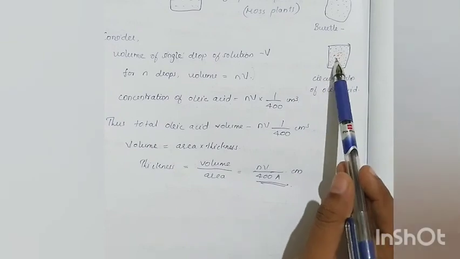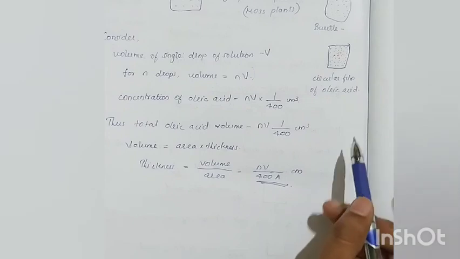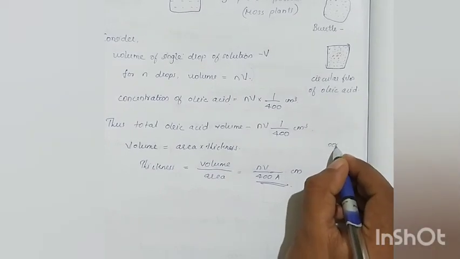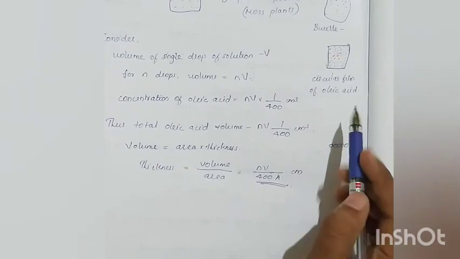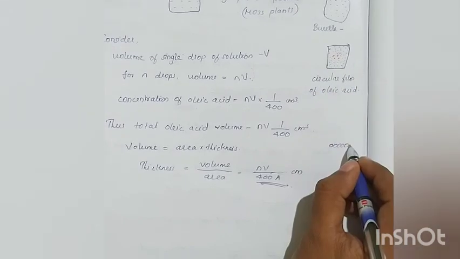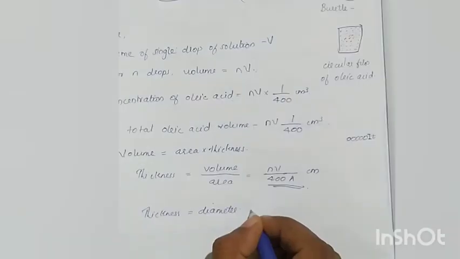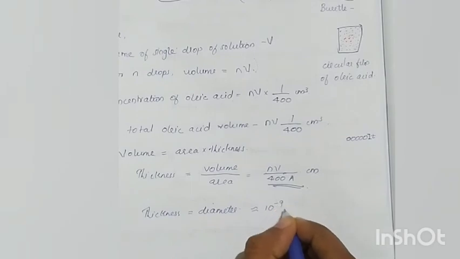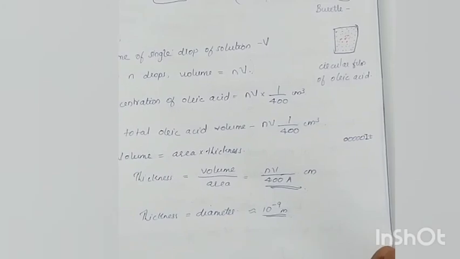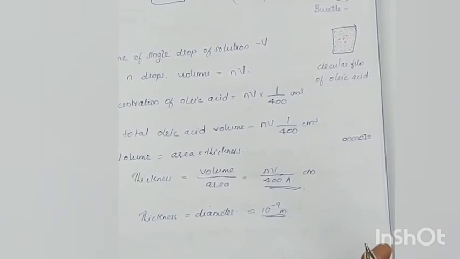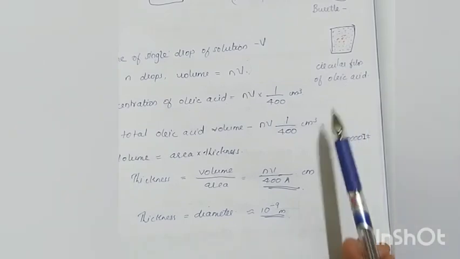This is a monomolecular layer, meaning molecules are spread in a single layer. Only one layer of molecules is formed here, and the thickness of that layer is the diameter of the molecule, which is obtained in the range of 10 raised to minus 9 meter. Thus, using a simple practical method, we can obtain the size of a molecule of larger molecules such as an oleic acid molecule.